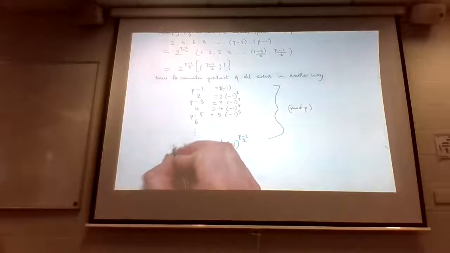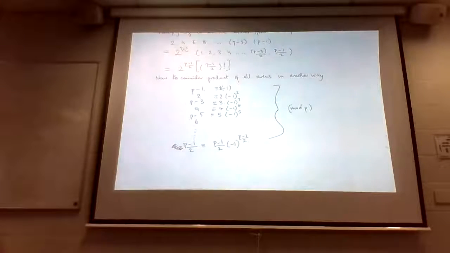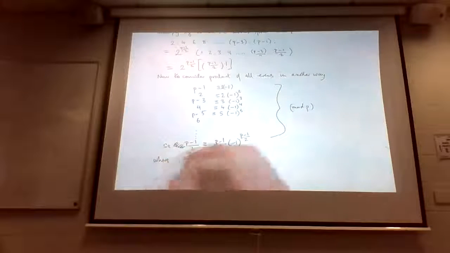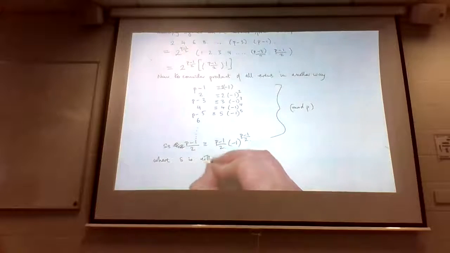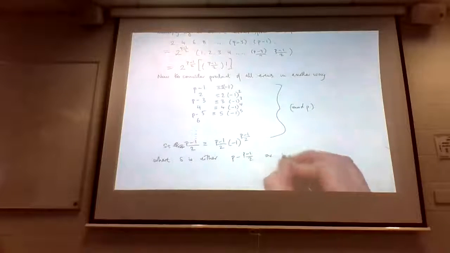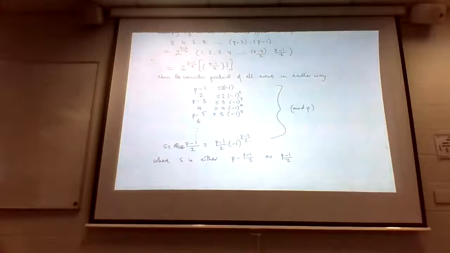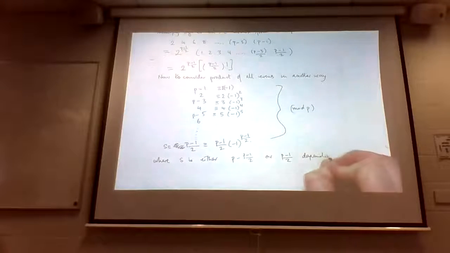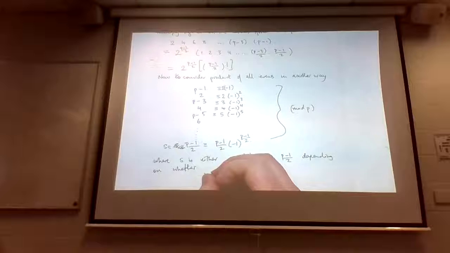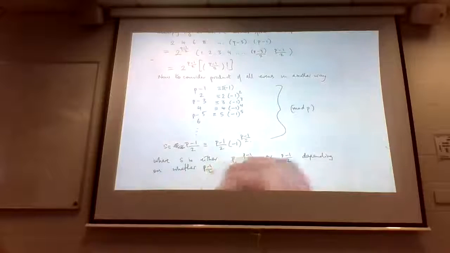I've written an S in the notes, but, well, no, the S stays. So where S is either plus or minus (p minus 1)/2, depending on whether (p minus 1)/2 is odd or even.